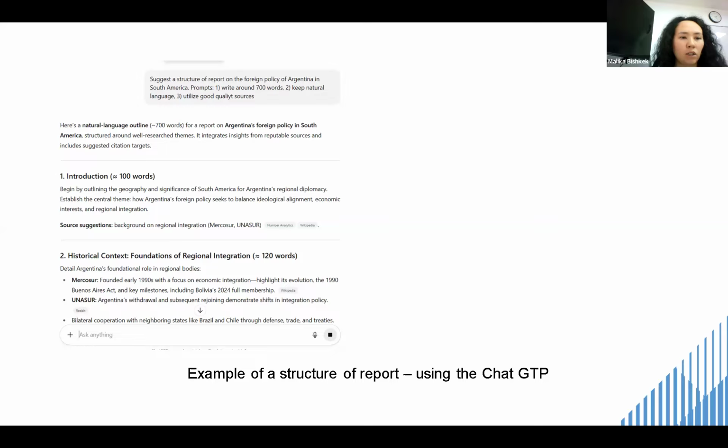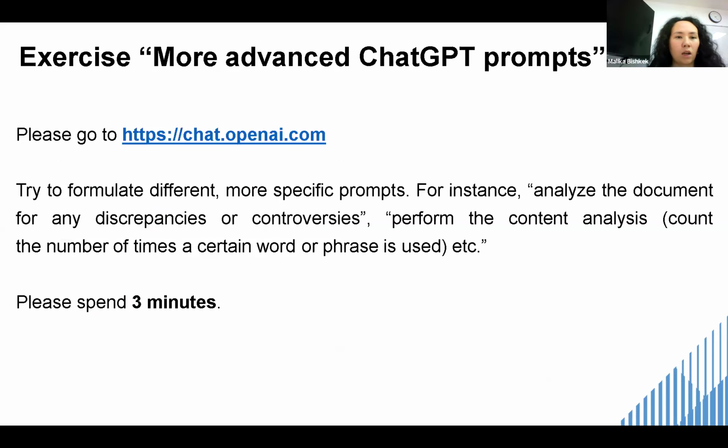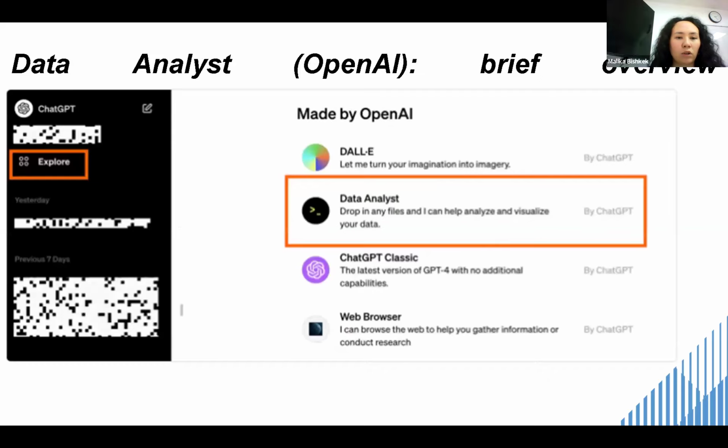And ChatGPT tried to give what was written. So it's just an example. You can formulate more specific prompts, but I don't think that we have to do it now, given that we have little time.